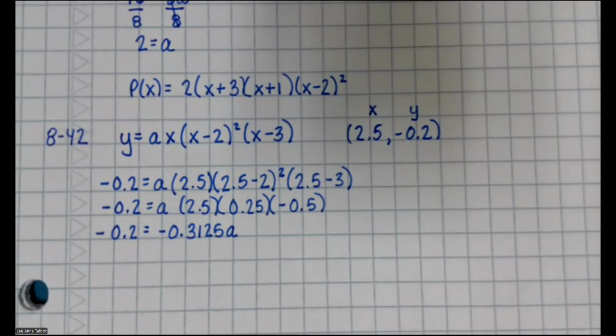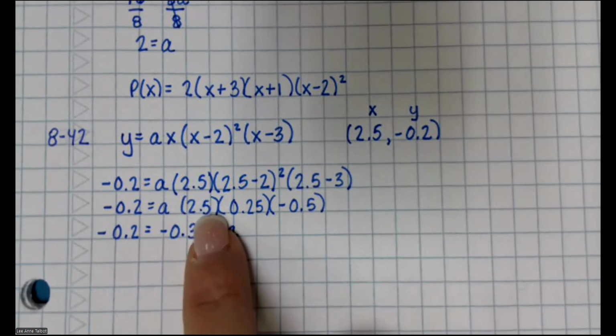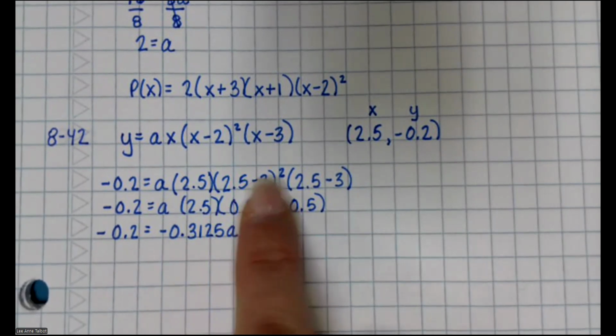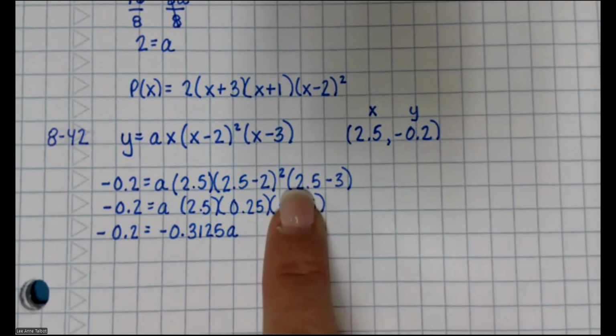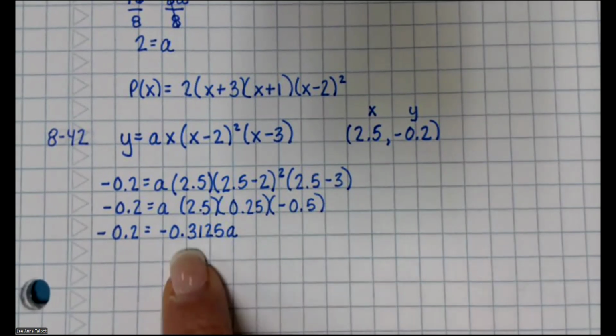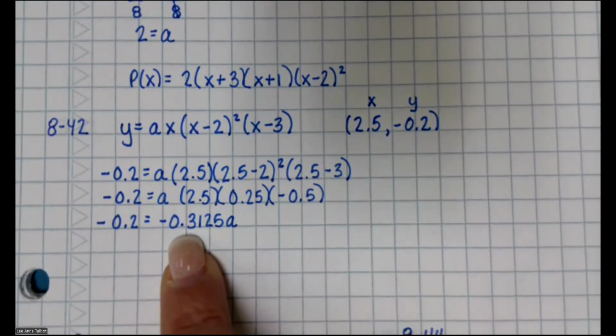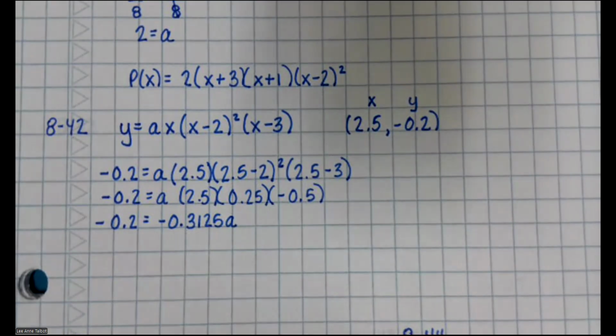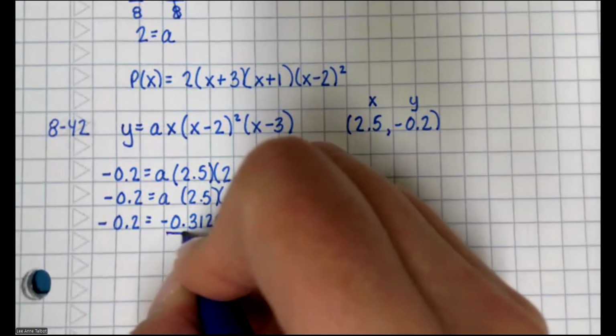Let me pause here. Do you guys see where the numbers are coming from? So this minus this squared, this minus this, and then I multiplied all three of those together and put it in the front. Is that clear? Okay, now I'm going to divide both sides to get A by itself.